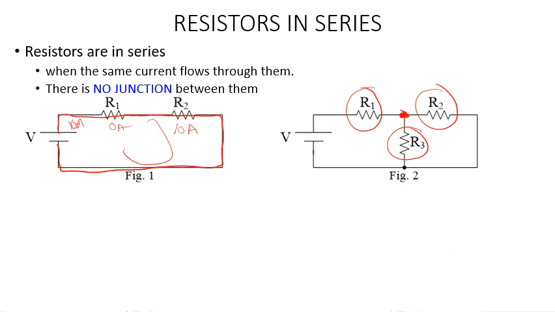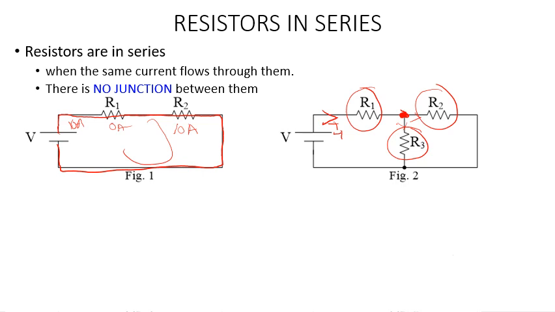So if we have current flowing from here, let's name it I1, when I1 gets to this junction, it will split up. Some will come here, some will come here. None of these resistors in this circuit are in series. This was just an example I wanted you to understand.